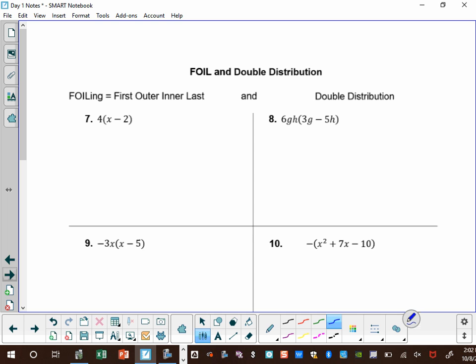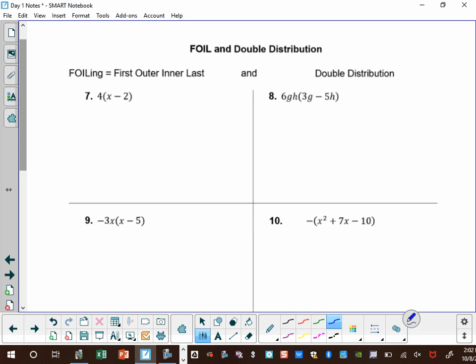It says FOIL and double distribute because FOIL stands for first, outer, inner, last. That's what we use if we have 2 factors that we're going to multiply together. We also use the words double distribute because that's literally all we're doing.